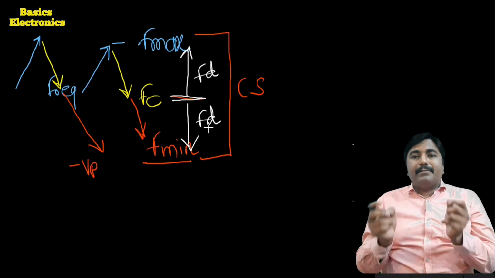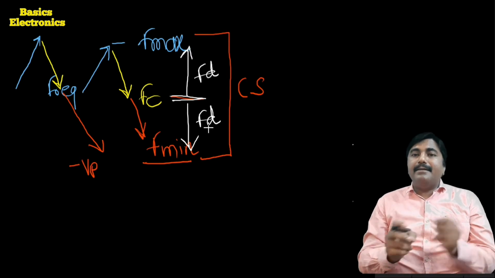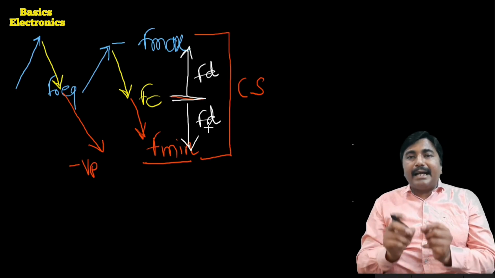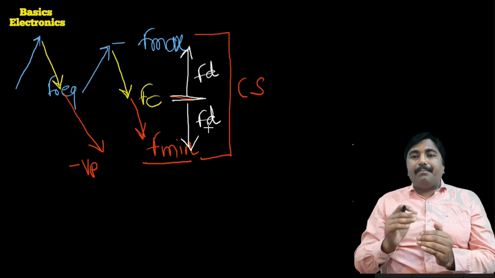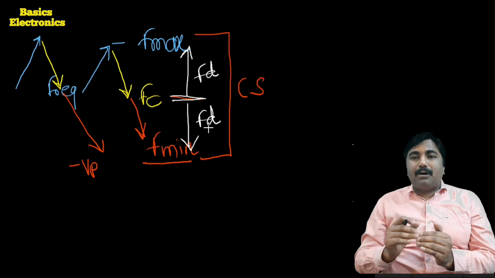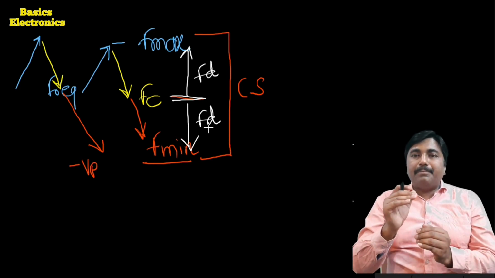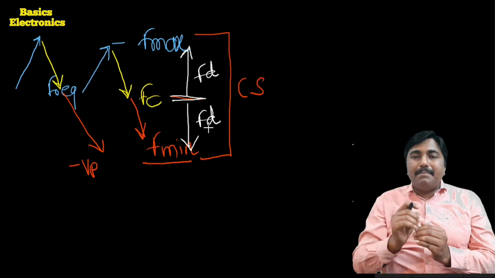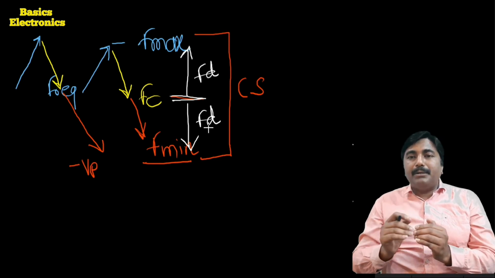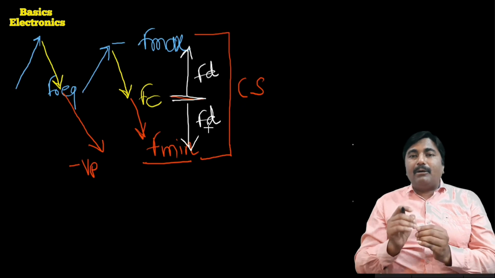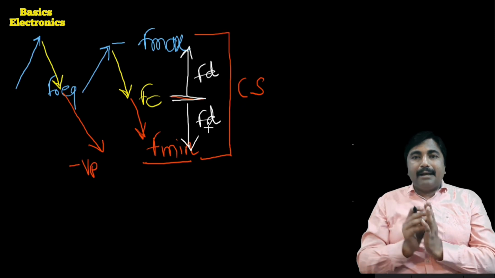It means when the frequency modulation is done, the frequency of a carrier signal changes from its resting frequency, its carrier frequency, its original frequency to the maximum, and from maximum to the original. This is what we call the frequency deviation.